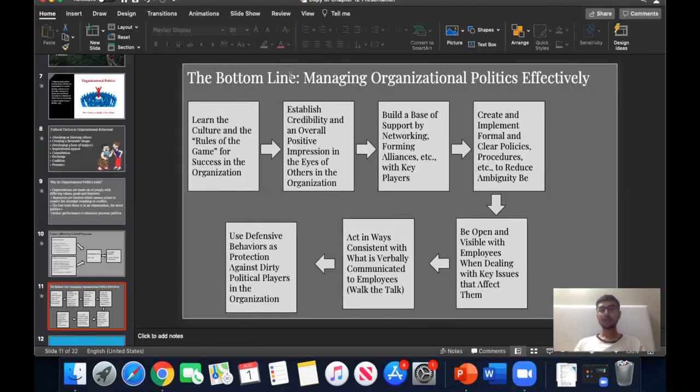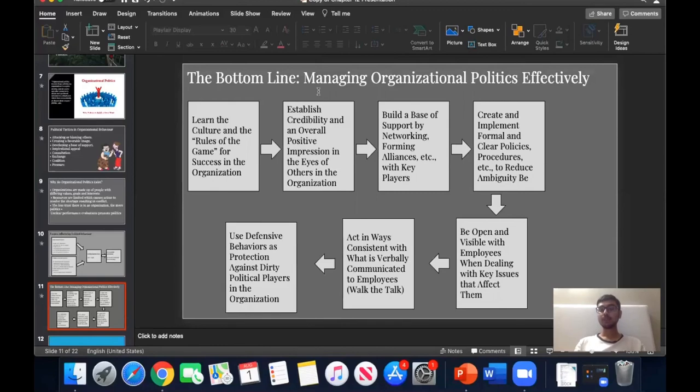The bottom line, managing organizational politics effectively. There are 7 steps. First, learn the culture and the rules of the game for success in the organization. The second one is to establish credibility and an overall positive impression in the eyes of others in the organization. The third one is to build a base of support by networking, forming alliances, etc. with key players.